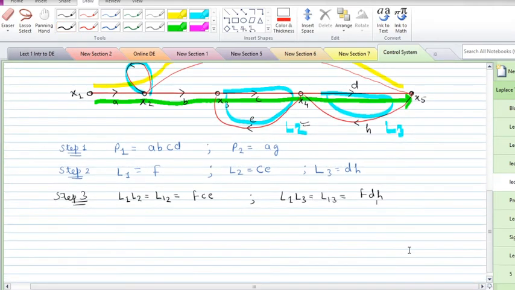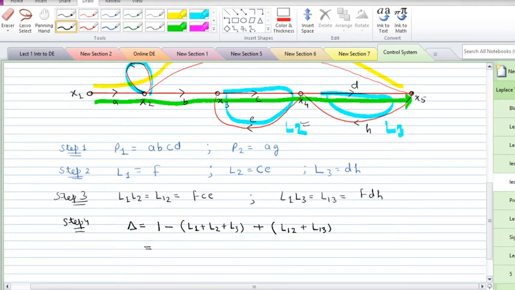In the next step, step 4, you have to find delta. Delta is 1 minus (L1 plus L2 plus L3), bracket close, with plus sign L12 plus L13.